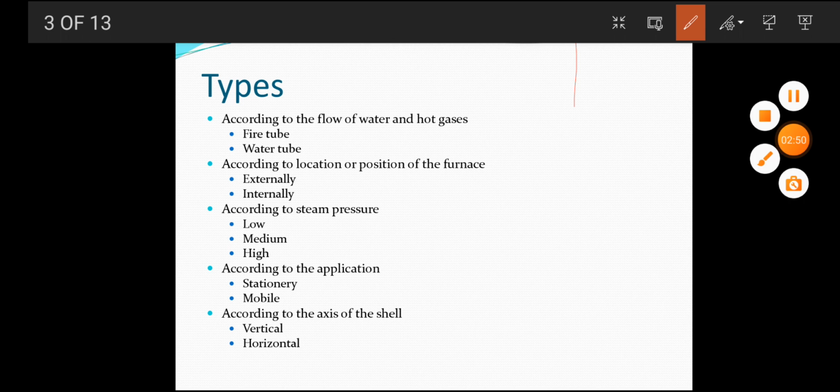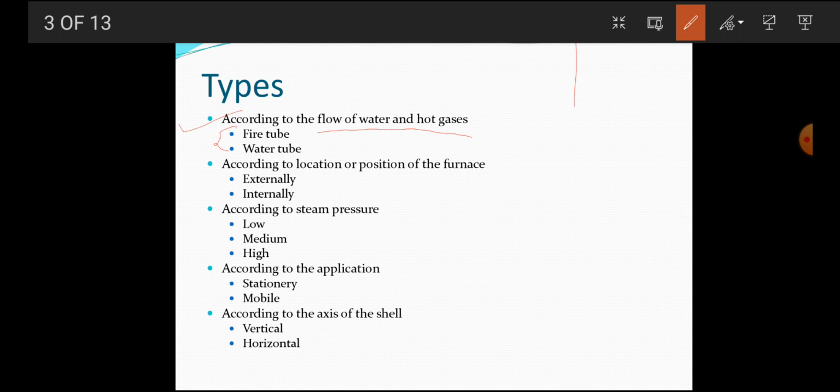As we can see, the boiler is classified on the basis of various factors. First is flow of water and hot gases. It is classified under two types, fire tube and water tube. In fire tube boilers, hot gases pass through tubes which are surrounded by water, and these boilers are low cost and fuel efficient.